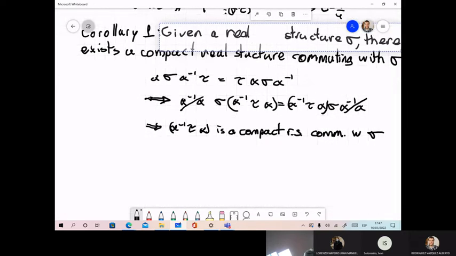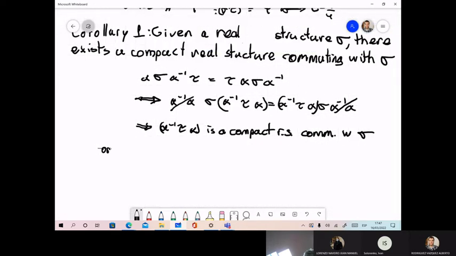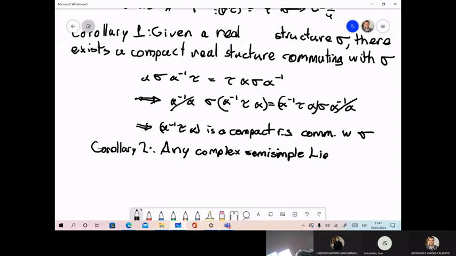And corollary 2 is the following. That any complex semisimple Lie algebra admits a unique compact structure.